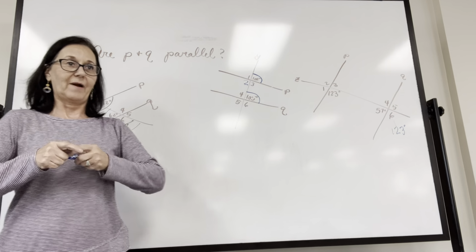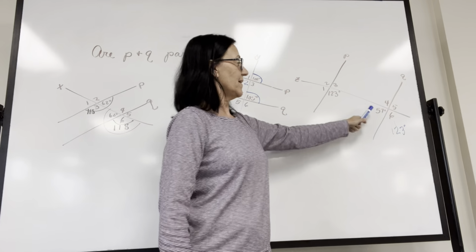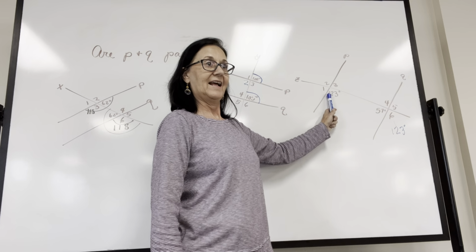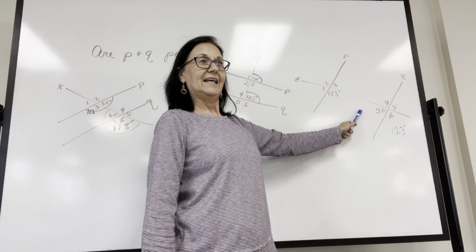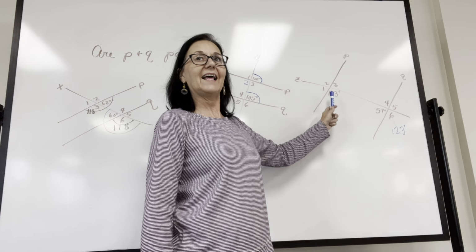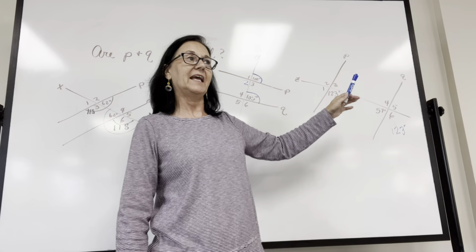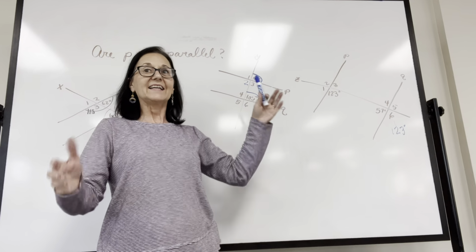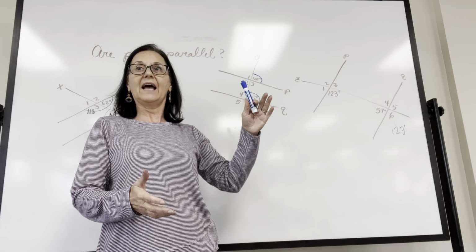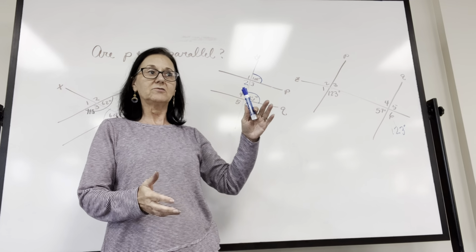Okay, that is correct. What's the name for these two angles? I was going to say supplementary, but that's wrong. They are supplementary, but what's the name? Corresponding, alternate interior. Are they inside? Are they interior? Yes. Are they on alternate sides?